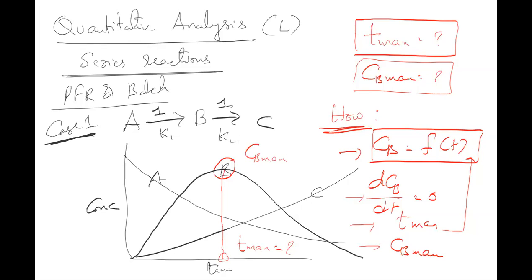First, get CB as a function of time. Then dCB by dt equal to 0. Then what is T max and what is CB max? This is how you should do it. Clear?